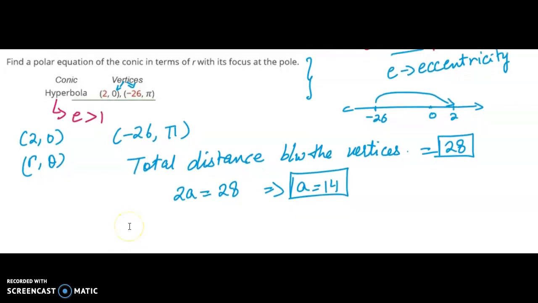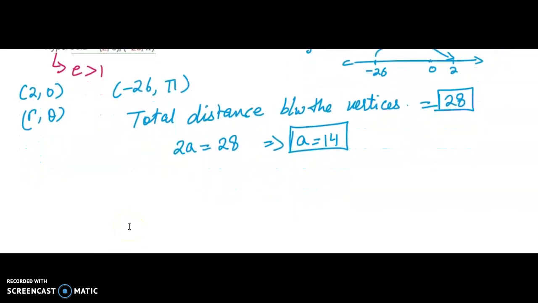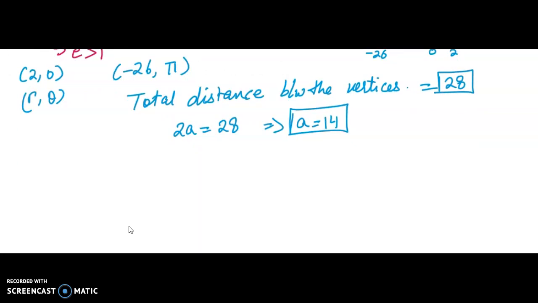We have a here. We need to find other information. Let's find out what is c. C means center distance, and the center for the hyperbola is nothing but the midpoint of the vertices.